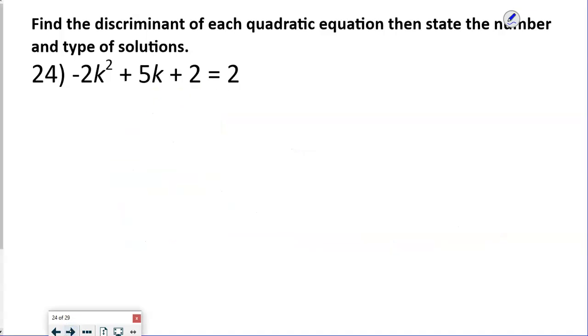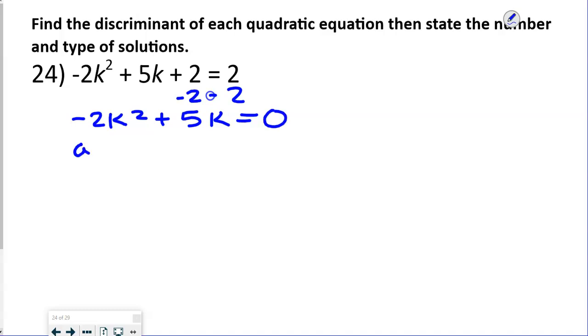All right, 24, again, subtract 2 from both sides here. So when we do that, we get negative 2k squared plus 5k equals 0, right? So a equals negative 2, b equals 5, c, there is no c, y'all, so we're going to say c equals 0. So here we go, b squared minus 4ac, right?